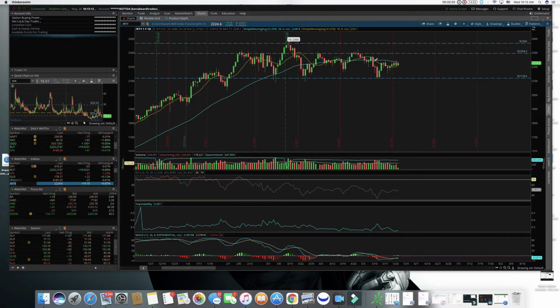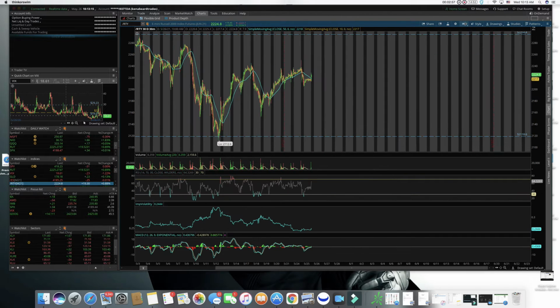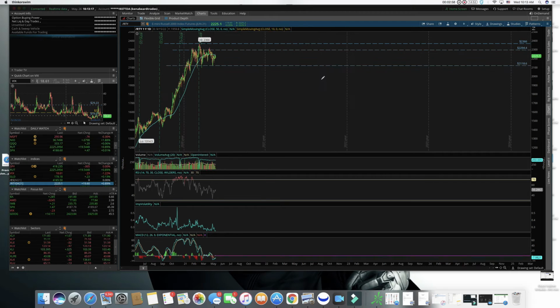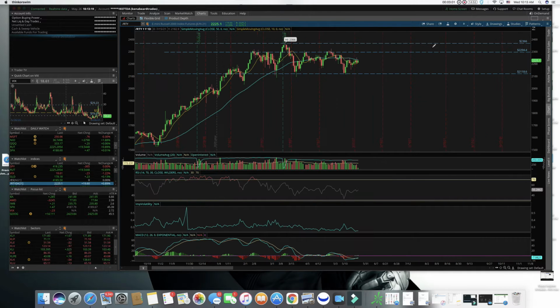That is what we're seeing here. So until the market can make an extra push higher and get above these moving averages and above these resistance levels, we won't see any higher highs or any real strong trend for the Russell 2000.